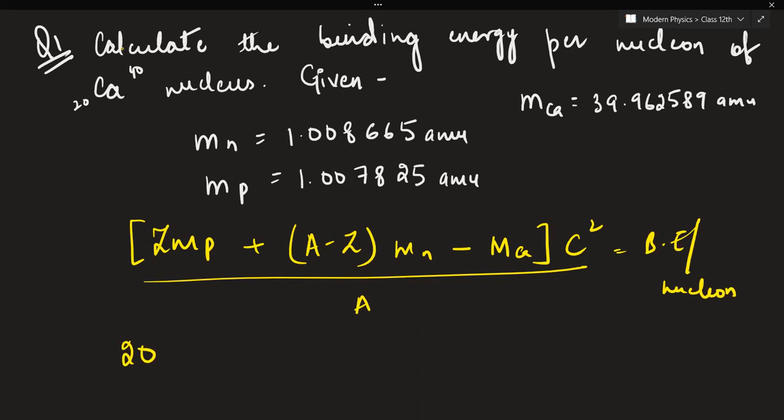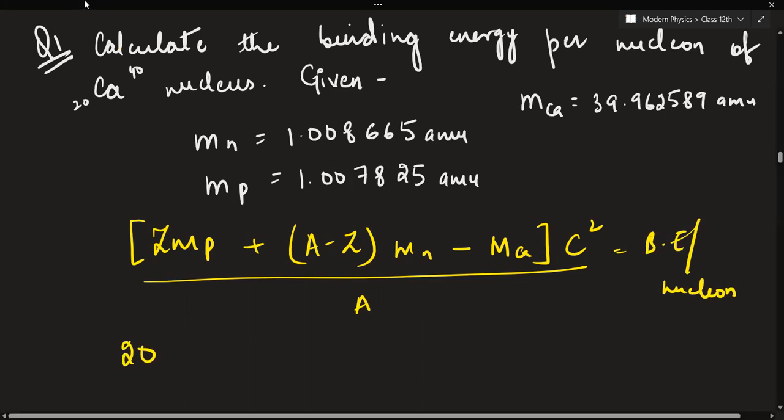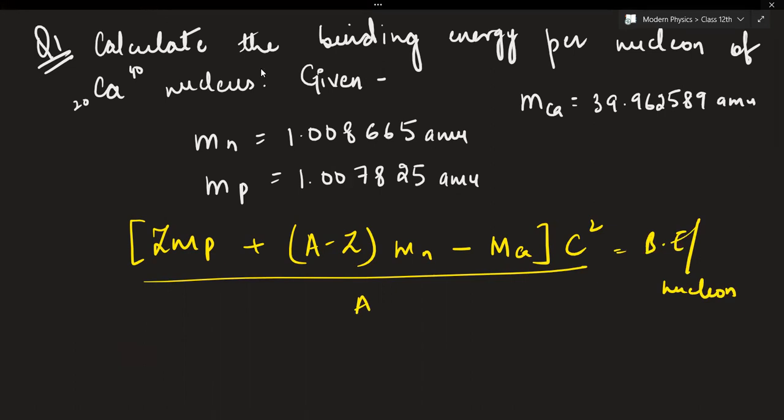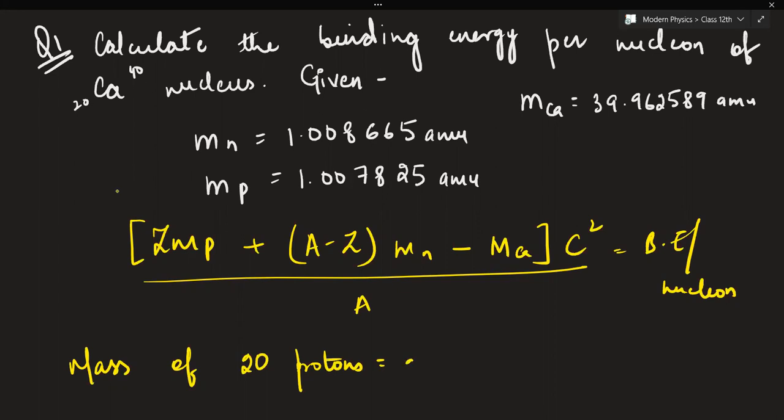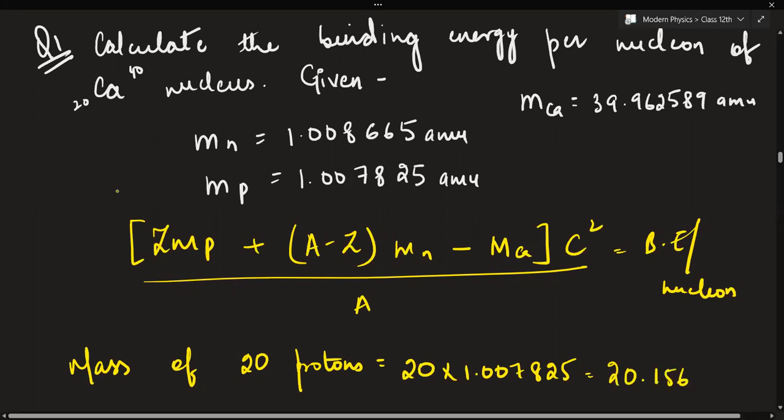The mass of 20 protons will be 20 into 1.007825, so that will be around 20.1565 amu. So this is Z Mp we have calculated.